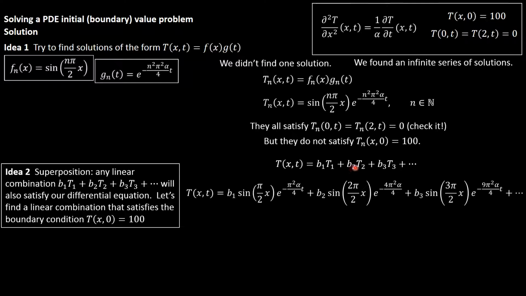Well, if we write out this series, we don't know what the coefficients are, so they're b1, b2, b3. We have a temperature function, and we're going to try to add all these individual solutions together with constants b1, b2, b3, and we hope that if we choose those constants correctly, then this initial condition will be satisfied.